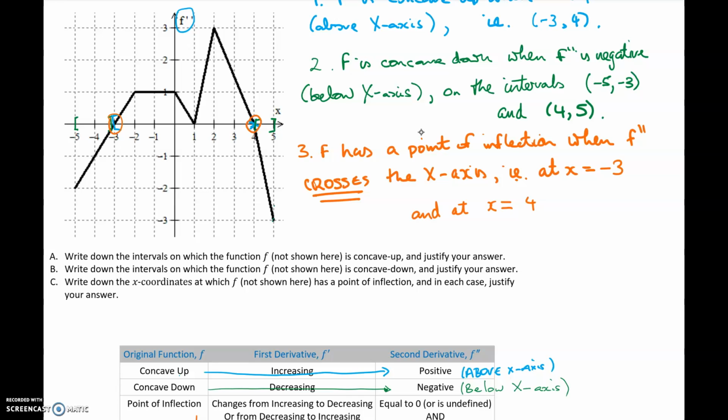So those are the 2 points of inflection for f. It's where f double prime crosses the x-axis that we get the points of inflection for f. This one here at x equals 1 is not a point of inflection because the graph doesn't cross the x-axis.